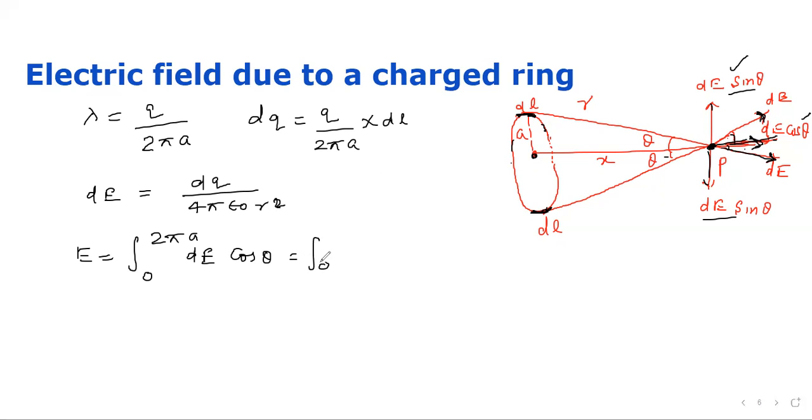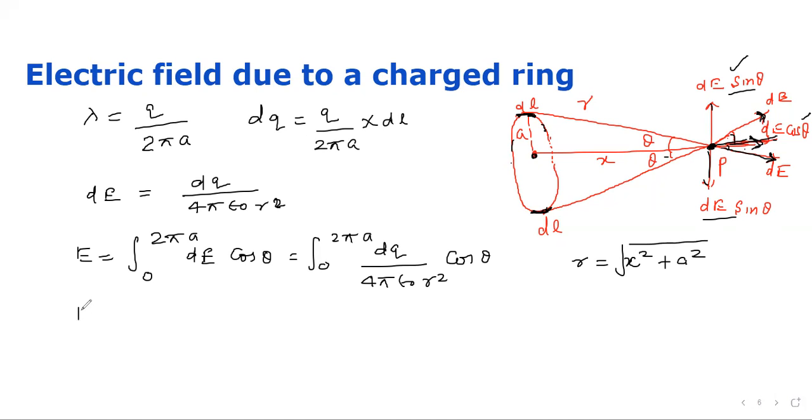That is, the integral from 0 to 2 pi a of dq divided by 4 pi epsilon naught r square into cos theta. The cos theta is base upon hypotenuse, that is x upon r, and r will be equal to the square root of x square plus a square.